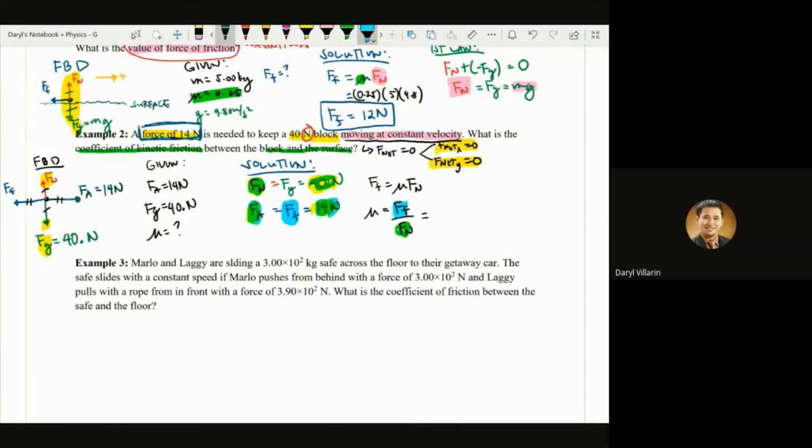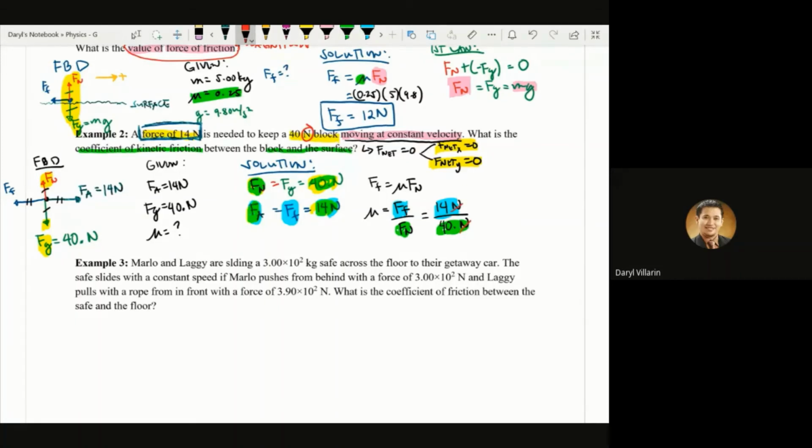I'm just going to substitute these values: Ff is 14 newtons divided by 40 newtons. You can also verify that the coefficient of friction is unitless, because the units just cancel in this case.